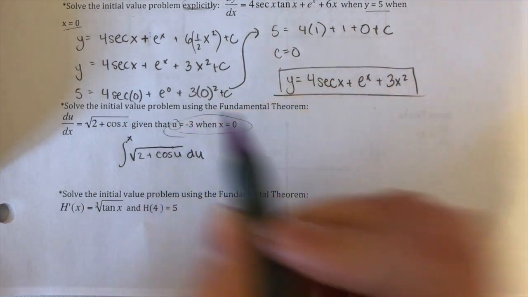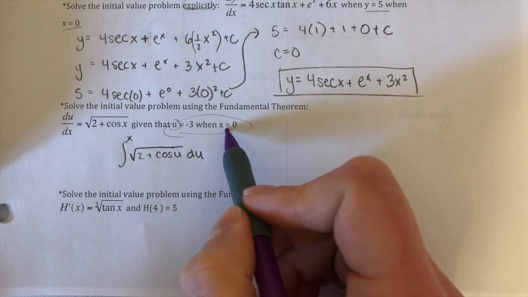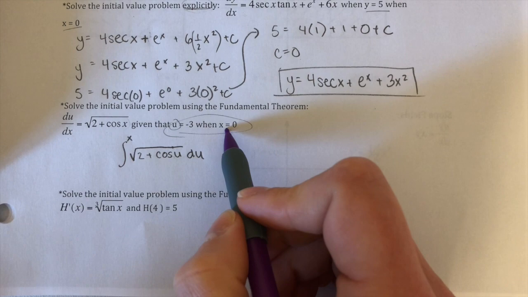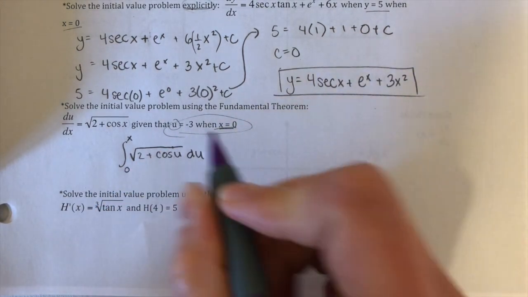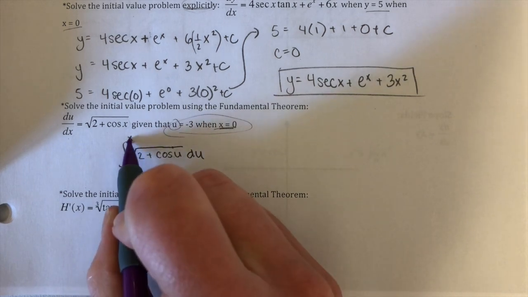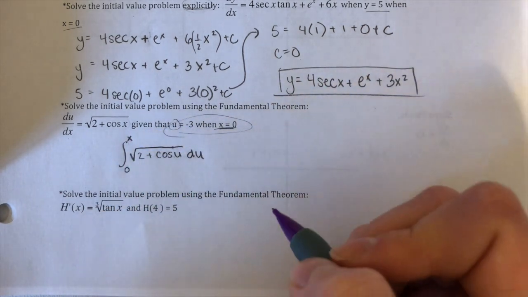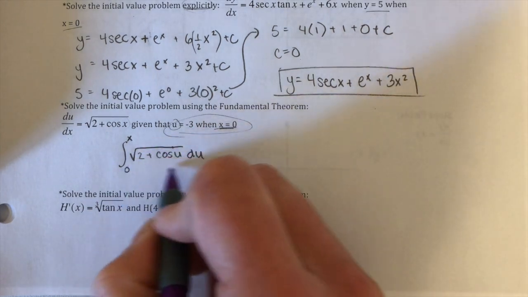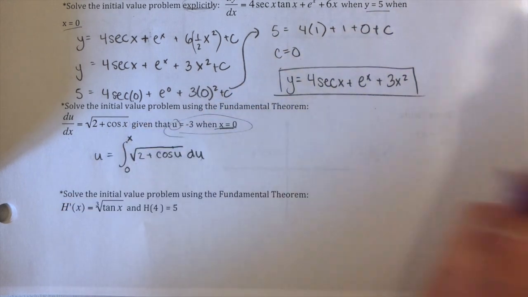Now, how do we deal with this, okay? So if x is equal to 0, we have to think about how we can use that. If I take that x value and I put it down here, if I plug in an x that is also equal to 0, then I'm doing the integral with no area. Okay, so then this whole thing would be equal to 0. This, remember, is my original function.